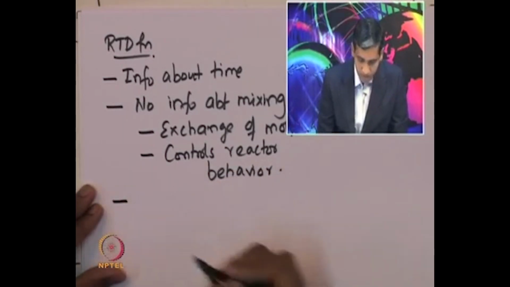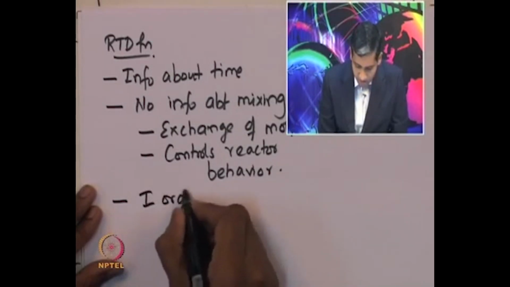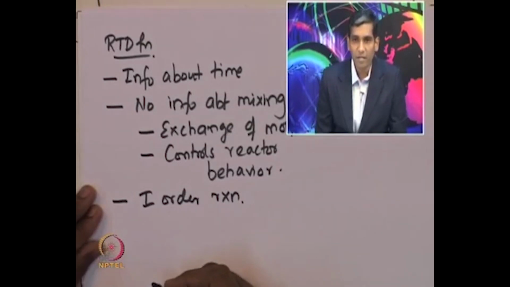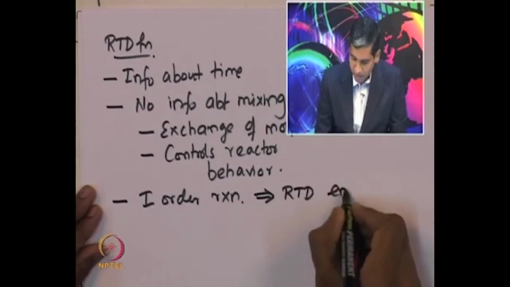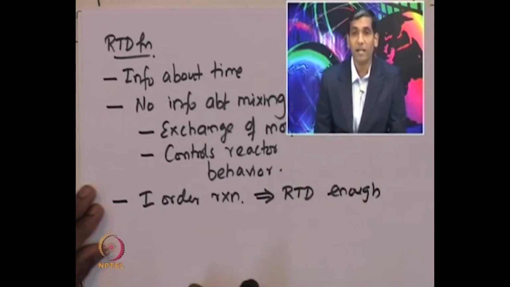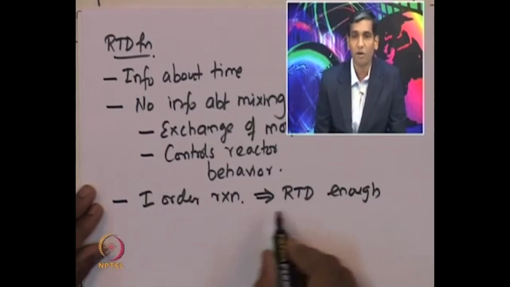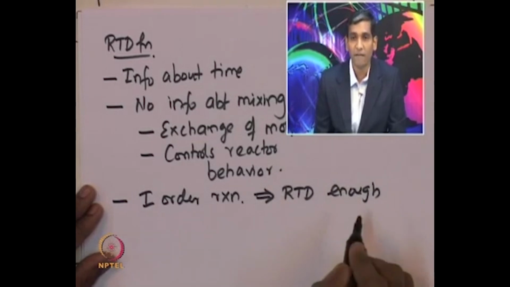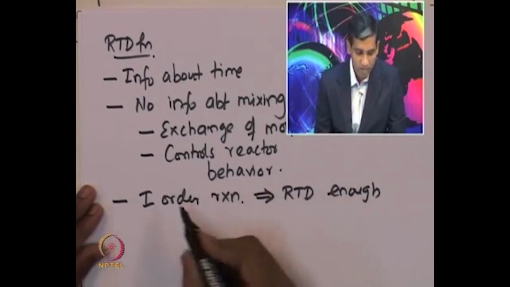An exception to this is that the first order reaction is a special type where only the RTD function is enough to predict the conversion. In fact, we will see in one of the future lectures how, for a first order reaction, just the knowledge of the RTD function is sufficient to predict the conversion, and what is the reason why this is the case.